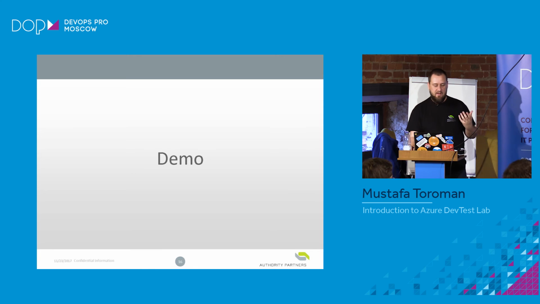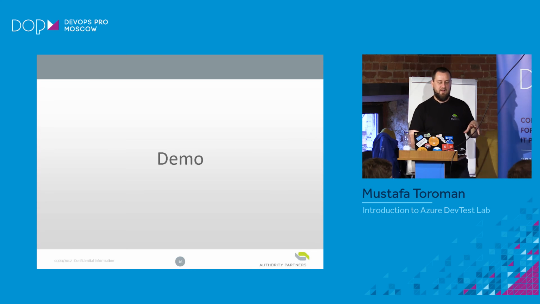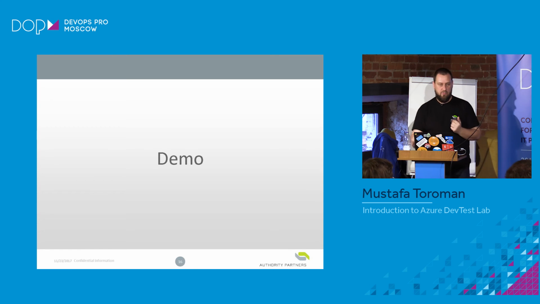Now, this is going to take a while to create an actual virtual machine, but the interesting place where all the magic is happening is configuration and policies. Here we can set what users can do and how they can do it. I have an option to say what the allowed virtual machine size is. If I enable this, I can say what kinds of sizes my users can actually create.